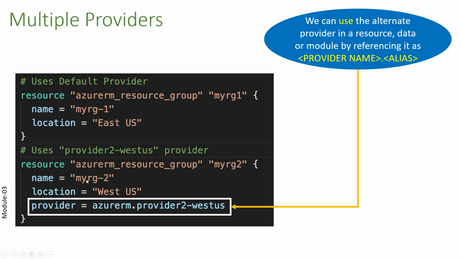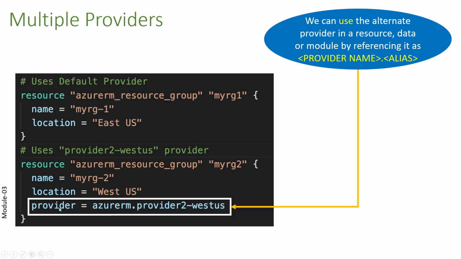So in my RG2, if I want to create this, what you do is, in your resource block itself, you mention the provider name. Azure RM is the provider name.